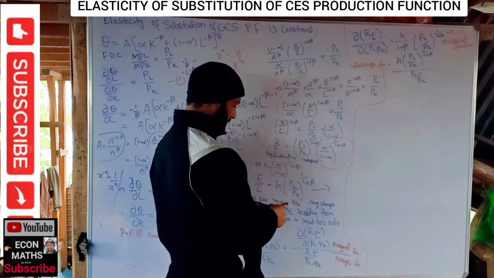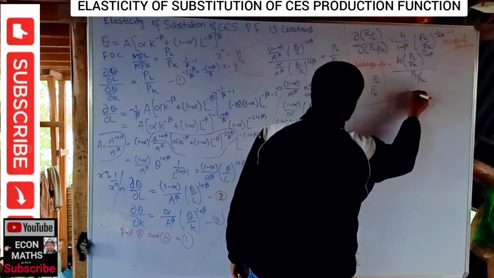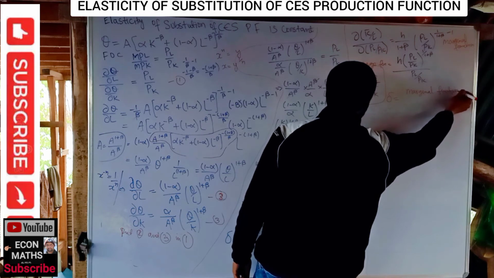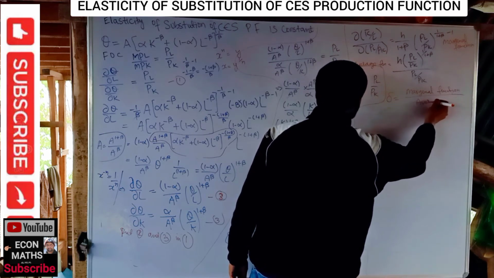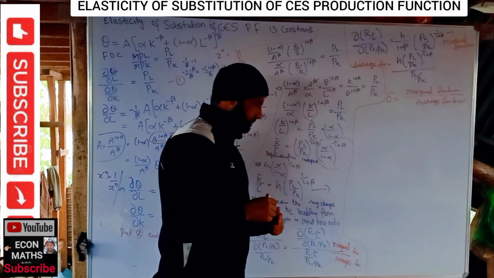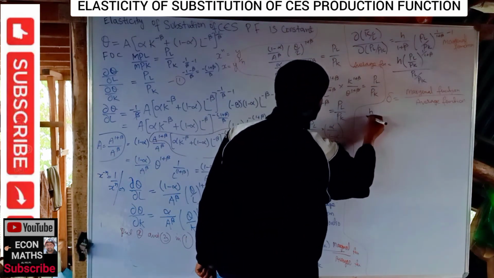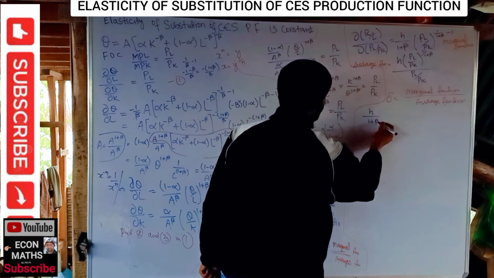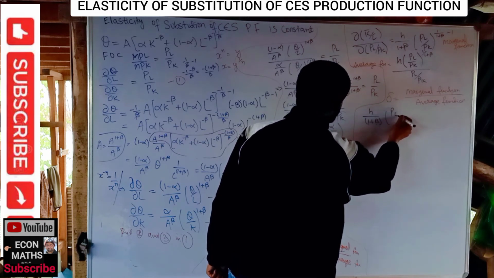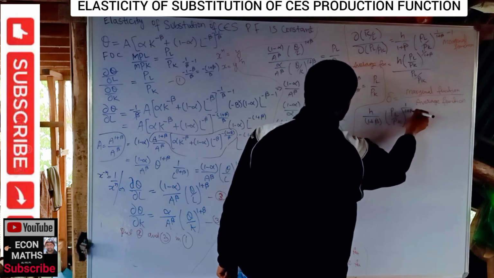Now elasticity of substitution is equal to marginal function divided by average function. Now putting the values here, our marginal function is this, that is h divided by 1 plus beta, we have this PL divided by PK to the 1 by 1 plus beta minus 1.